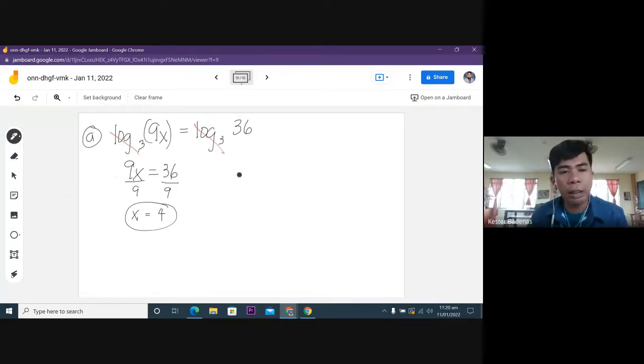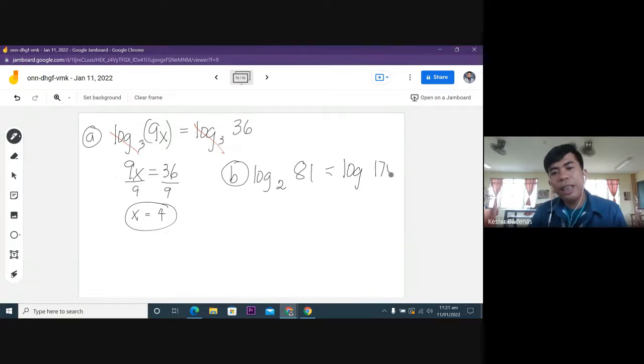So, halimbawa, next example tayo sa letter B. Kapag, kunwari, meron tayong logarithm of 81 with the base 2 is equal to logarithm of, ano na lang, 3x squared na lang para masaya.